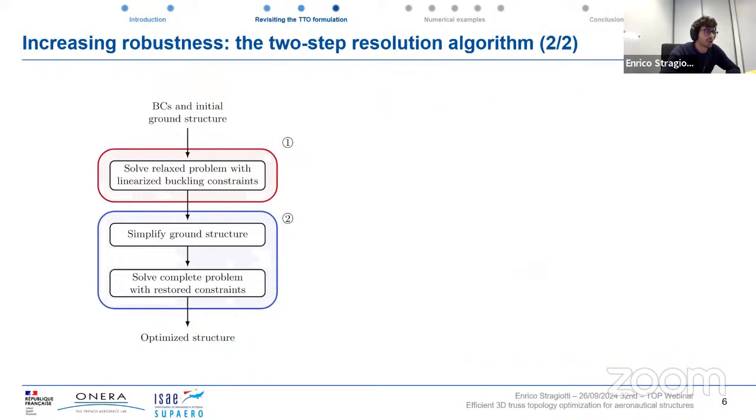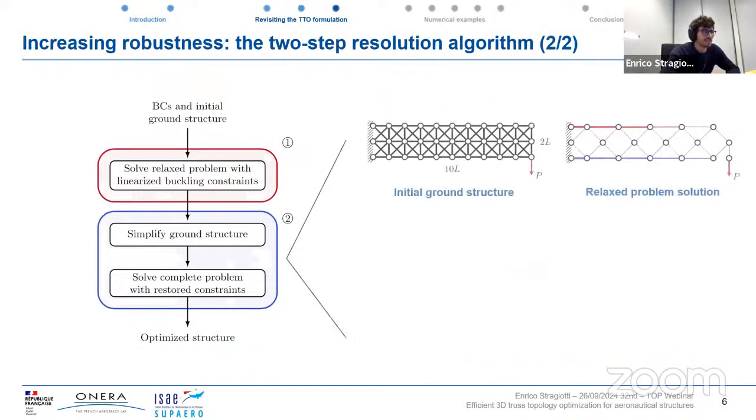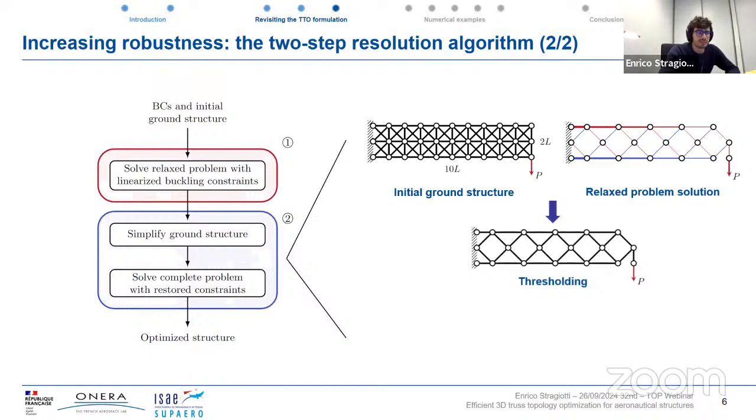The solution of this first relaxed problem is then used to simplify the ground structure. We can see here the solution on the right and the initial ground structure of the first problem on the left. What we obtain by doing a thresholding is this image, and this is going to be the ground structure that is going to be used in the second problem, with a complete nonlinear programming formulation, and in our case we use the IPOPT algorithm to solve this second problem.